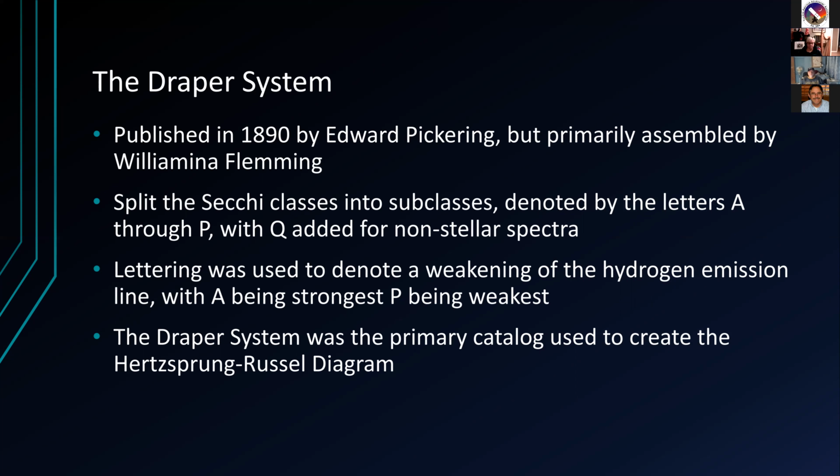But we'll focus on the Draper system, which was primarily assembled through the efforts of Wilhelmina Fleming, who worked through, I think it was around 10,000 photographic plates, and using a small little eyeglass was looking at the spectral lines that were burned into the plate by the prisms they were using to do spectroscopy.